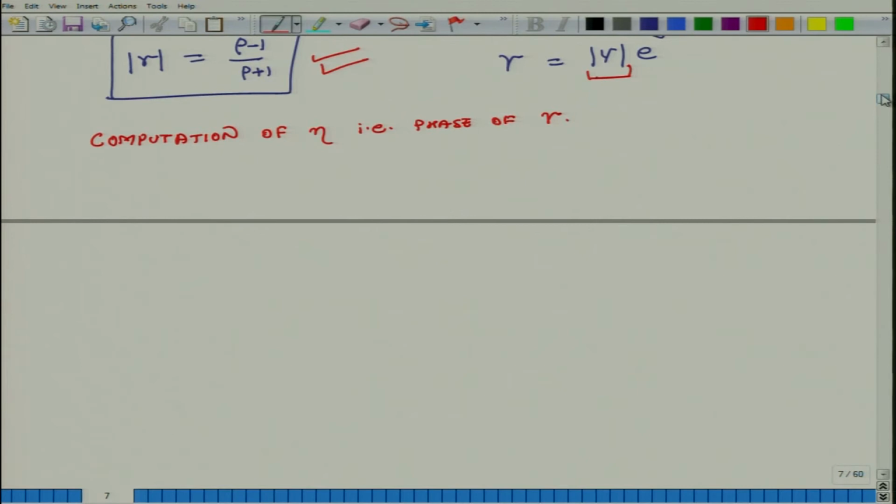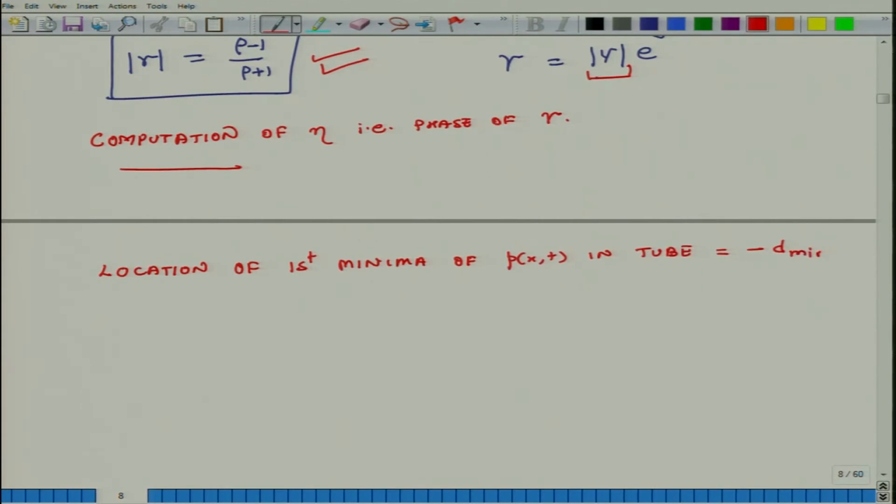So, what that means is that to find eta, we somehow relate it to the location of the minima of the pressure. So, let us say that the location of first minima of pressure in tube equals minus d min.